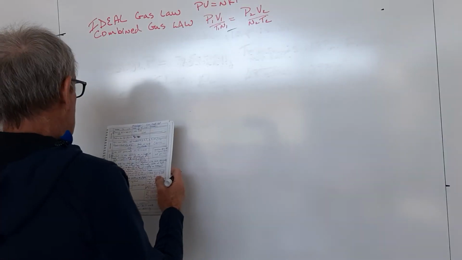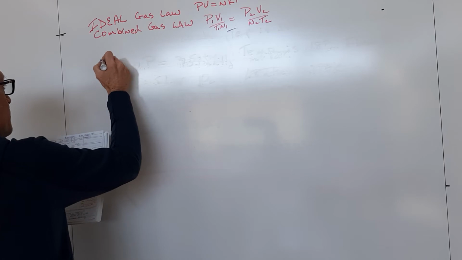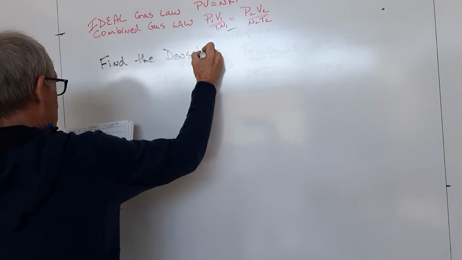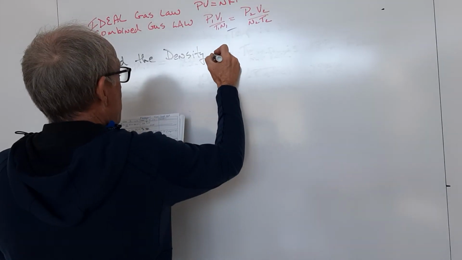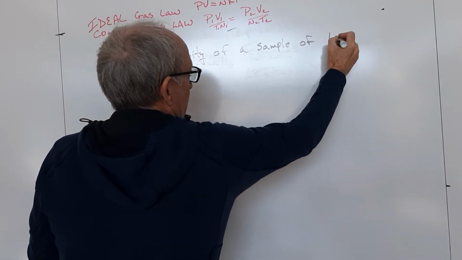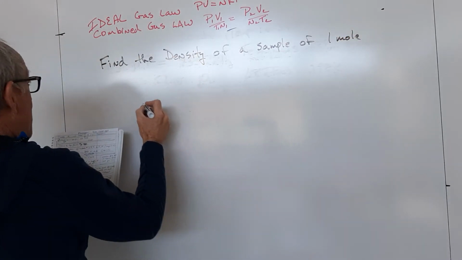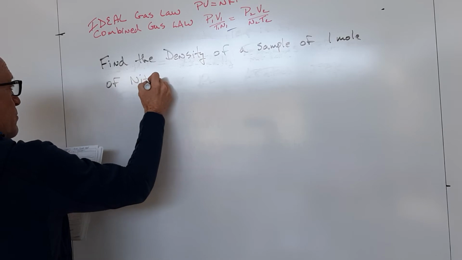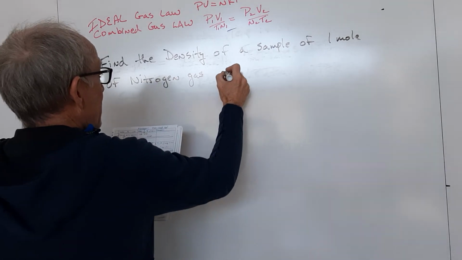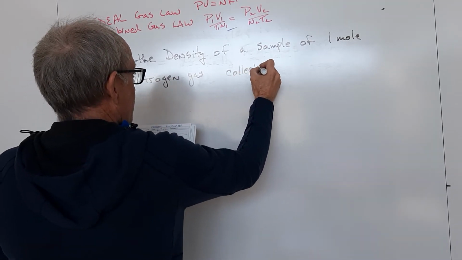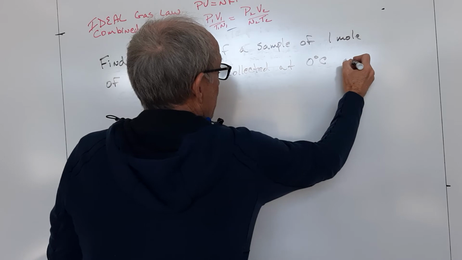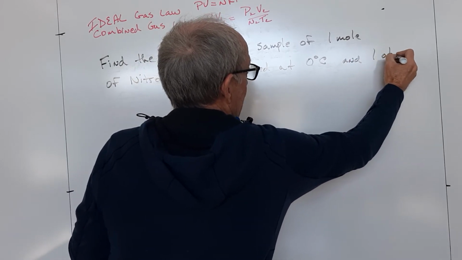So here it is. Find the density of a sample of 1 mole of nitrogen gas collected at 0 degrees Celsius and 1 atm.